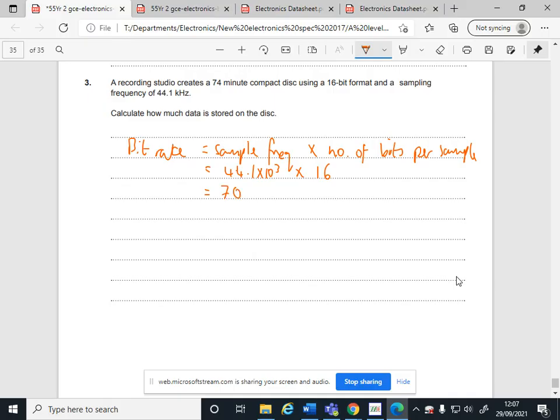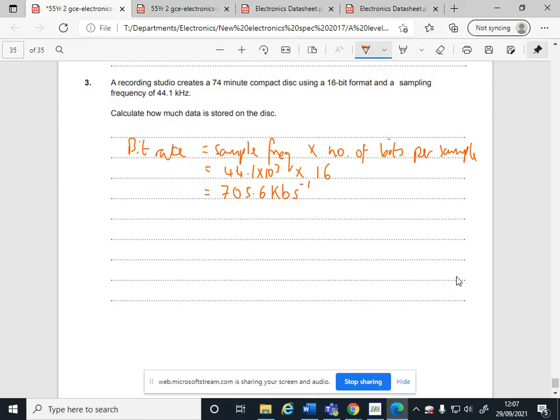So 705.6 kilobits per second. Remember, we can write per second like that, seconds to the -1. So the sampling frequency, if you multiply it by the number of bits per sample, you end up with the kilobits per second. That's your bit rate. So that's how many bits per second.